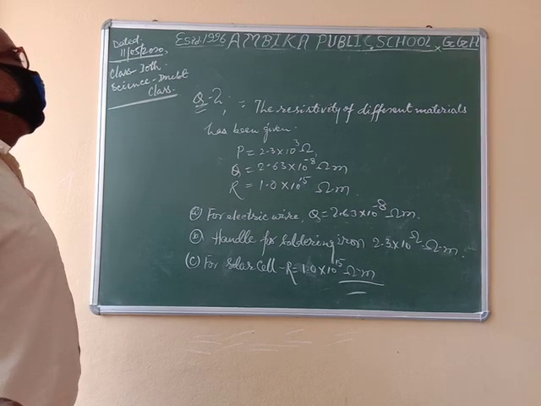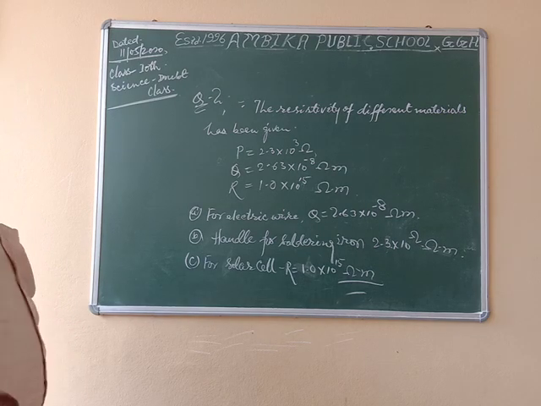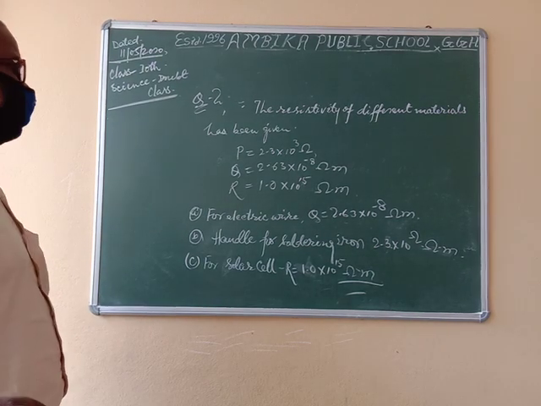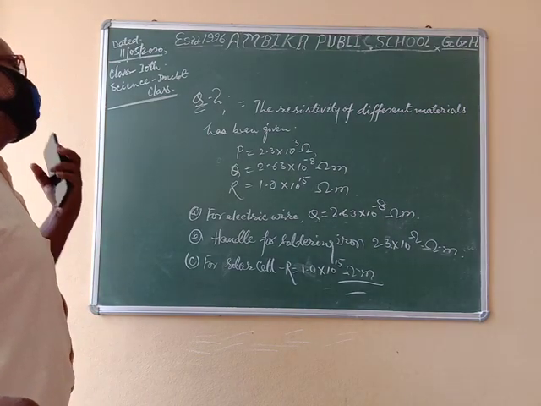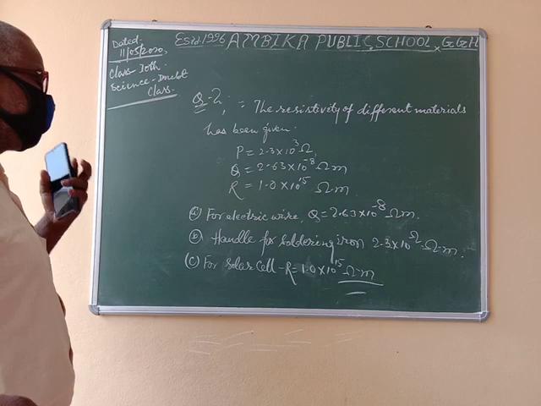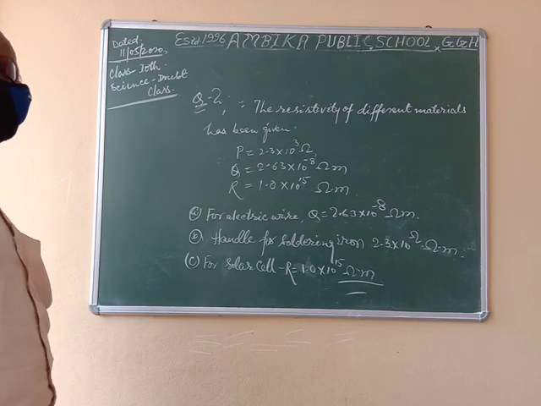I hope only 2 types of questions have been asked. Today I have solved these 2 questions, and I hope you all have understood. If any of you are unable to understand, in the next class you may raise other questions.